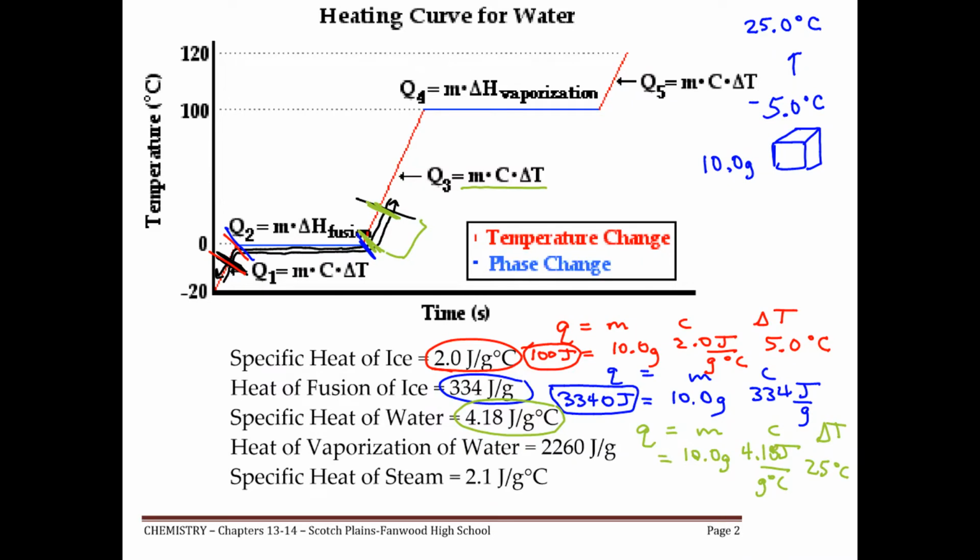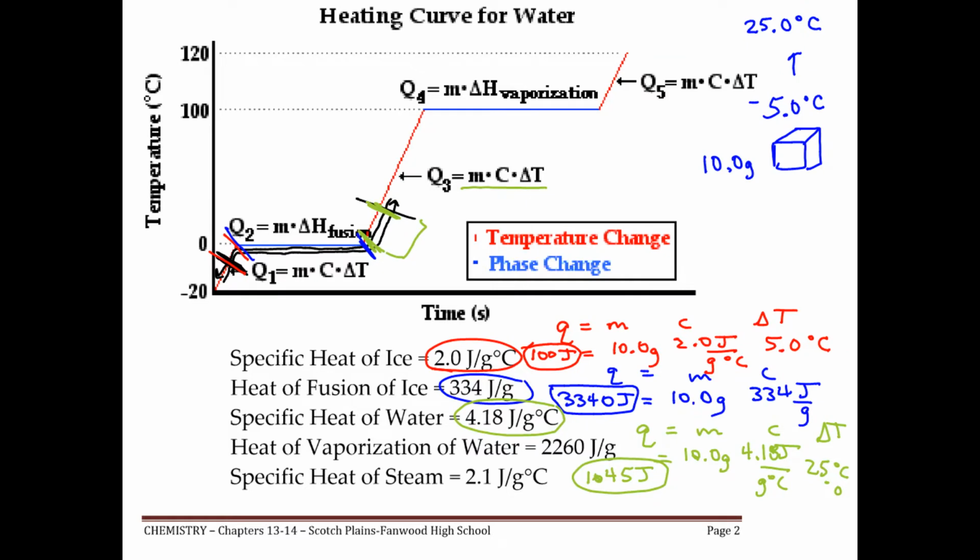Okay, and this should be 0.0 with 3 sigfigs. And then you're going to do the math for this, and you're going to get 1,045 as your answer. 1,045 joules, that's the Q for just zone 3. And now all you have to do is add this all up.